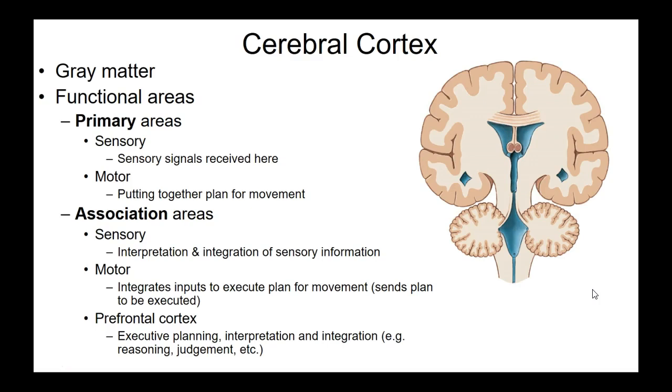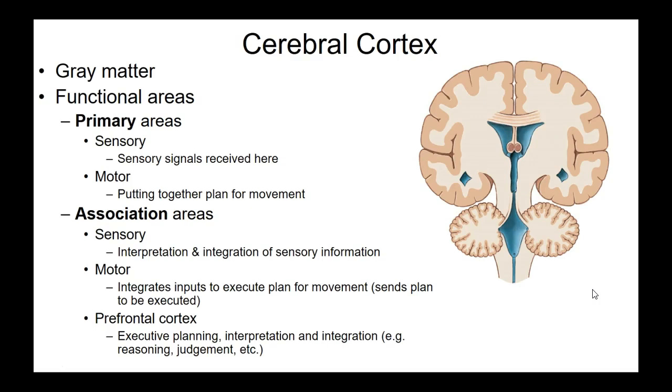So the route of information is from your sensors to your spinal cord, up to your brain, to a primary sensory area, and then from the primary sensory area to an association area, for you to identify what this object is that you're feeling in your pocket or your purse, for instance. The words to think about with association areas are identification and interpretation. The primary areas are just routing places where that sensory information comes into the cerebral cortex.